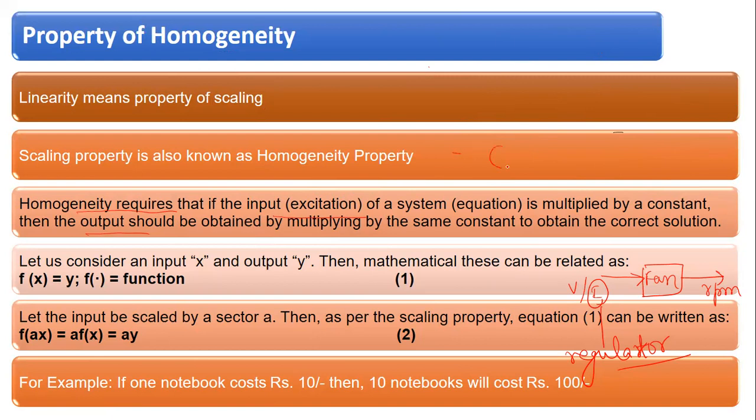A regulator is something like this, a rotating part. It has 0, 1, 2, 3, 4 and 5. And it has a knob. So when you move the knob from 0 to 5, what actually are you doing?